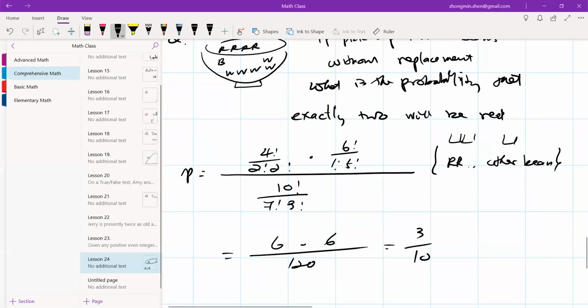To get 2 red beans, because order doesn't matter, it's 4 factorial over 2 factorial times 2 factorial. Then you can pick one of the beans in the other color. There are only 6 choices there. So multiply them out, it's going to be 36 divided by 120. It's 3/10.